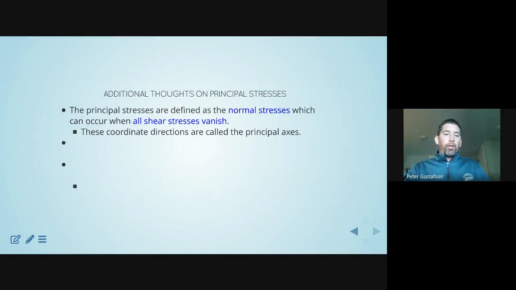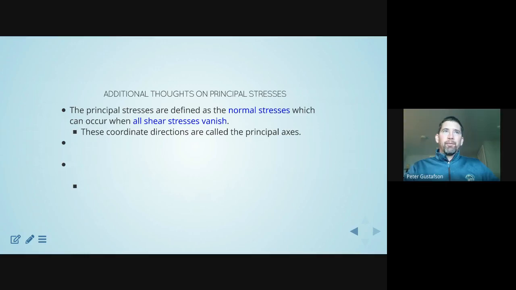Okay, a couple of additional thoughts on principal stress. So what are they? Again, physically, what are they? They're the largest normal stresses on any plane. They're on orthogonal planes, in fact. So that's an important realization, is that these normal stresses are each oriented in 3 different directions, orthogonal to each other, and they're extremizations.